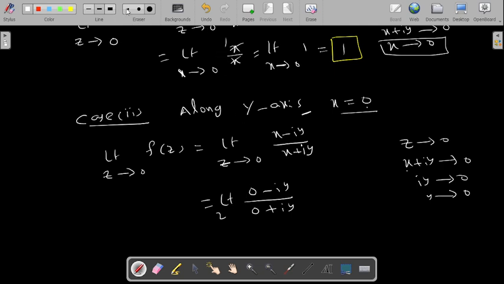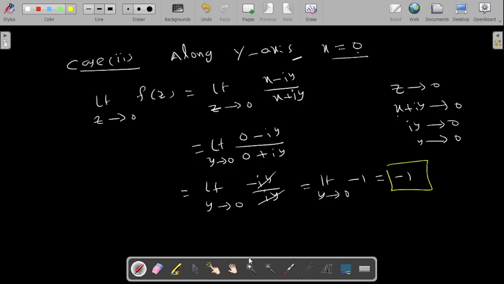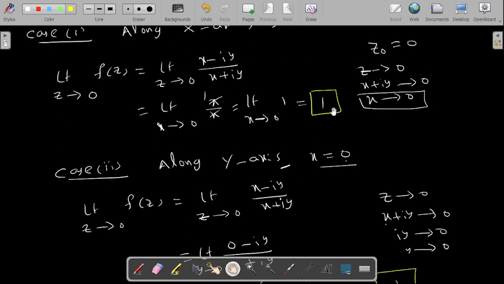So this we can write as limit y tends to 0 of minus iy by plus iy. These get cancelled. So that is limit y tends to 0 of minus 1, that is minus 1. So along y-axis we got minus 1. Along x-axis we got 1.